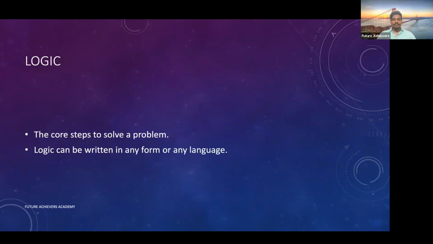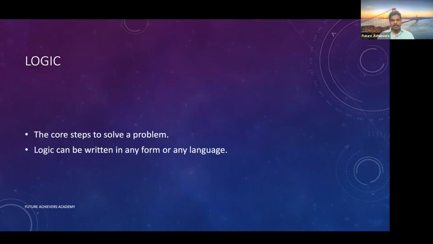Logic. The fundamentals of programming depend on logic. How good you are with your logical abilities. That's why we say that if you are good with mathematics, then it's very easy to write programs, because somebody who is sound with mathematics is good with logic.